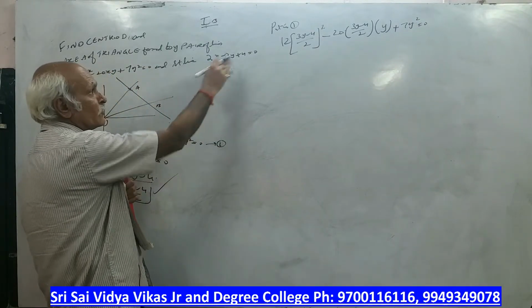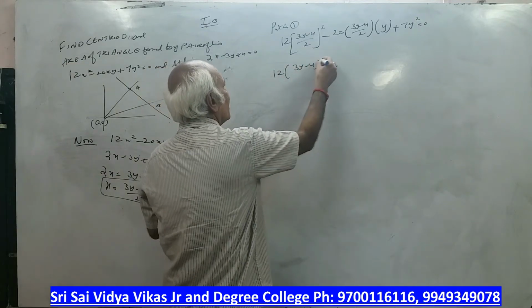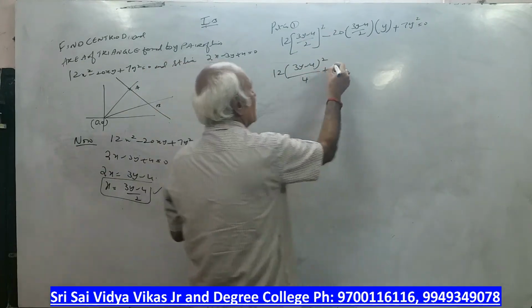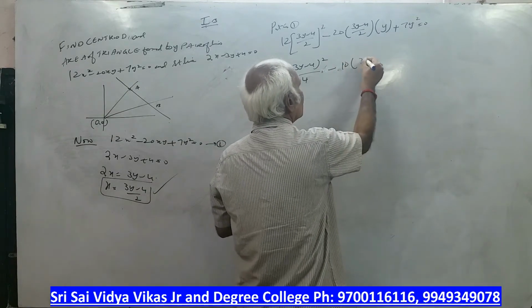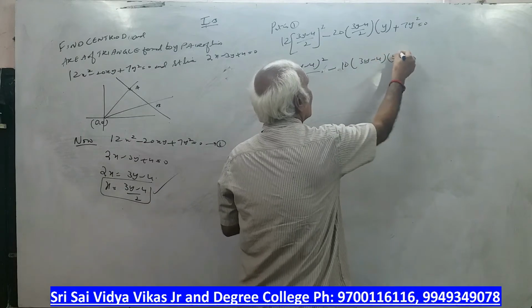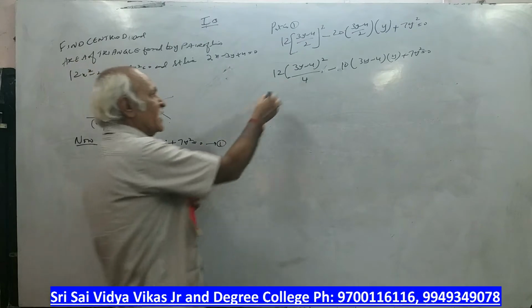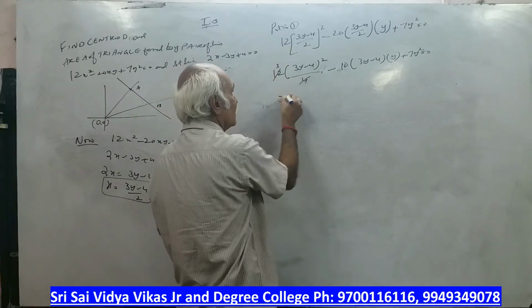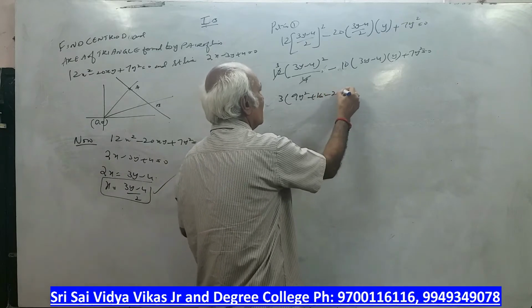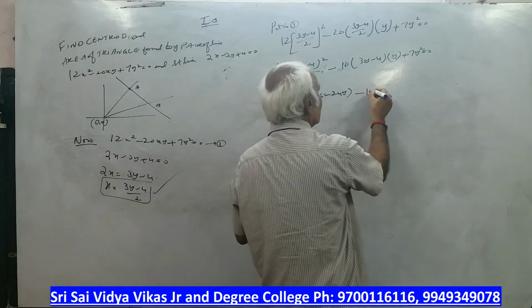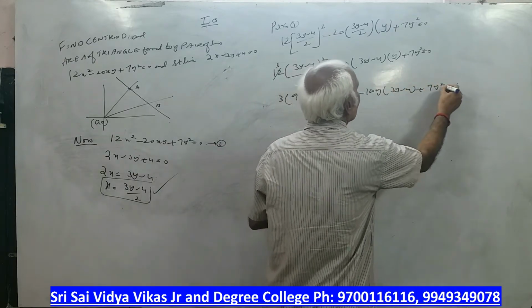So 12 into (3y minus 4) whole square by 4, minus 20 by 2 gives 10 into (3y minus 4) into y, plus 7y square is equal to 0. Now cancel the 4 with the 12, giving 3 into (9y square plus 16 minus 24y), minus 10y into (3y minus 4), plus 7y square is equal to 0.